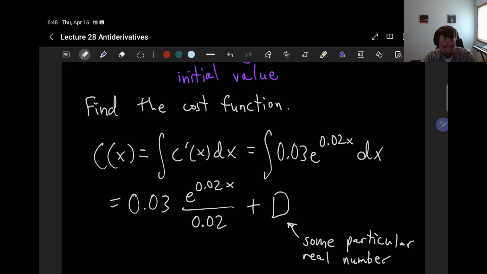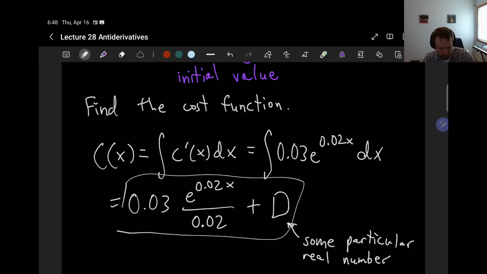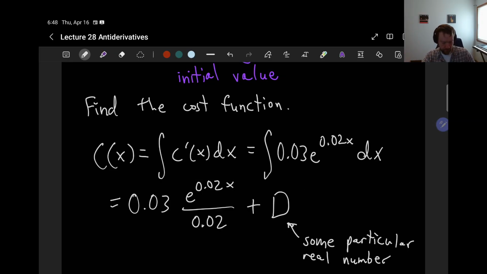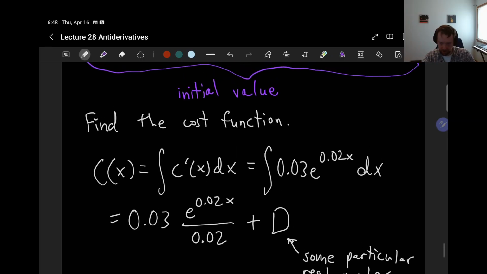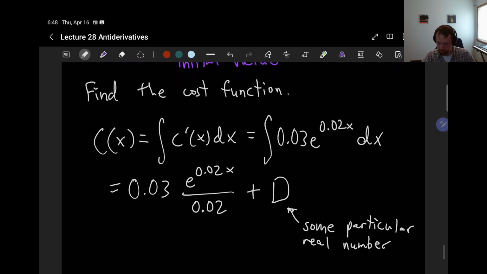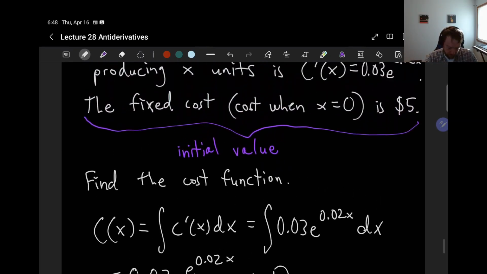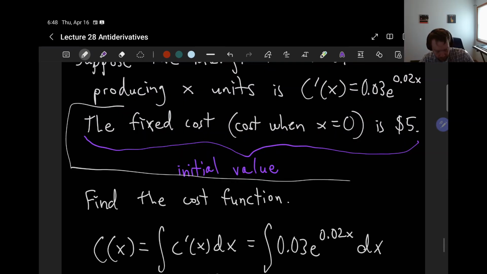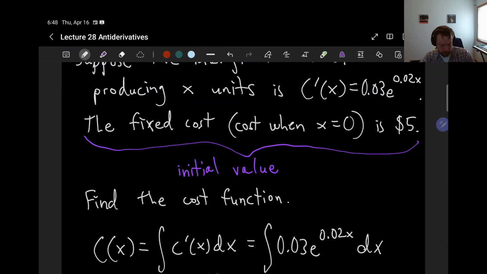I'm not really interested in an infinite family of antiderivatives. We're looking for one particular one that works. So the way that we find that d, that will finish the problem for us, is through this part. That extra little bit of info, the initial value, that's how you find your extra constant at the end.